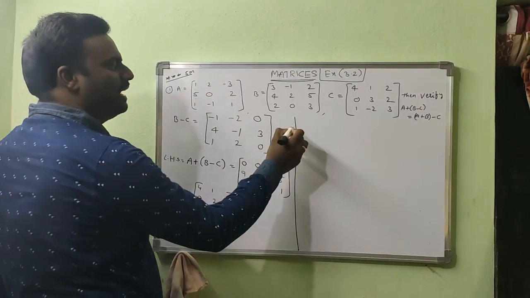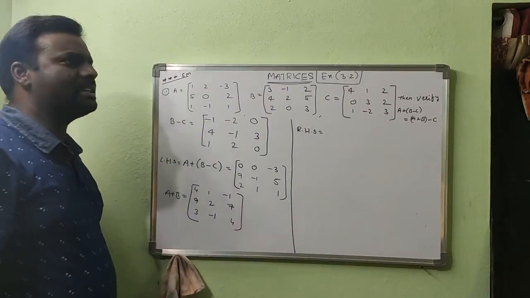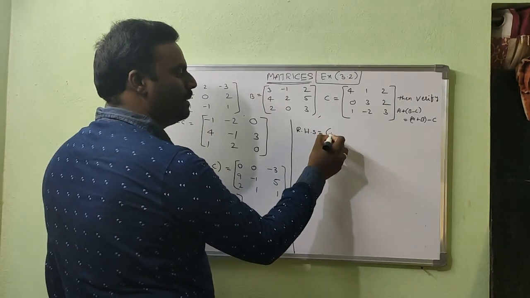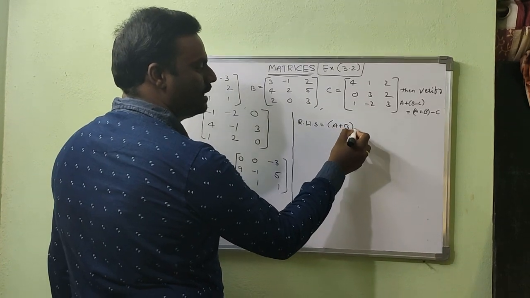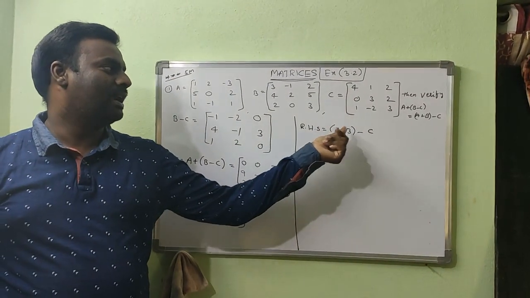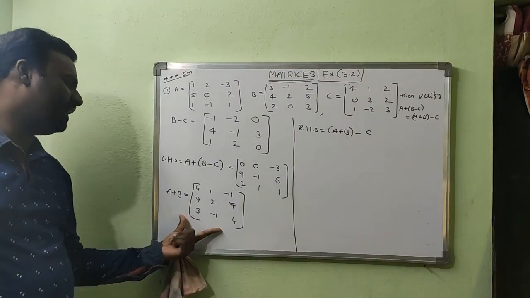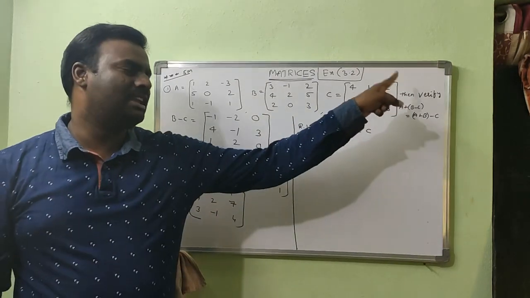Now I am finding RHS. What is RHS? (A plus B) minus C. The meaning of this is the A plus B matrix and the C matrix, we need to do subtraction. A plus B matrix we already know, C matrix is given in the question.